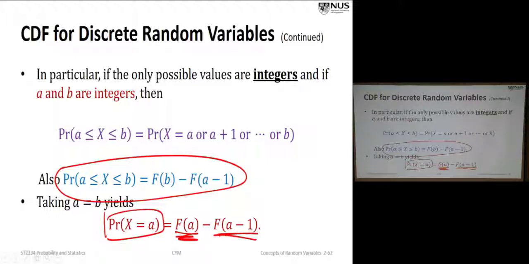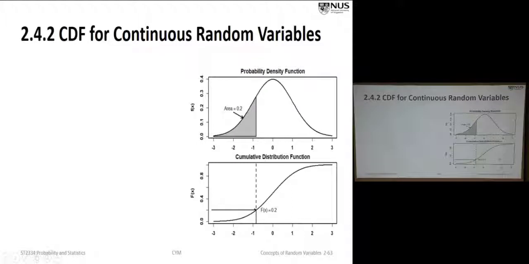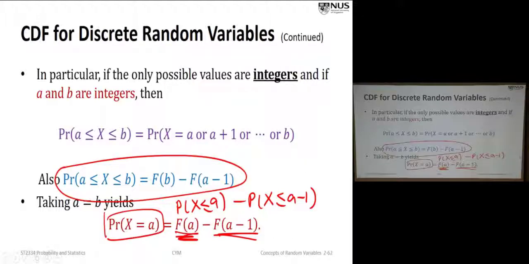Remember, this capital F is the cumulative probability: the probability of x less than or equal to a minus the probability of x less than or equal to a minus 1. So the difference is the probability of x equal to a. This only applies to discrete random variables. Then how about continuous random variables?